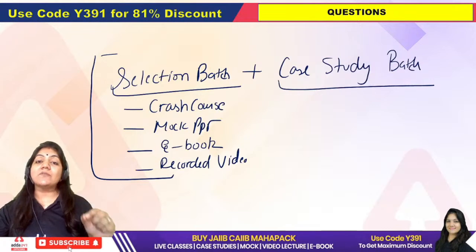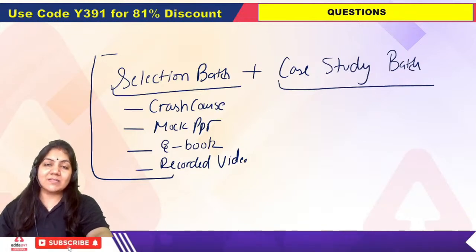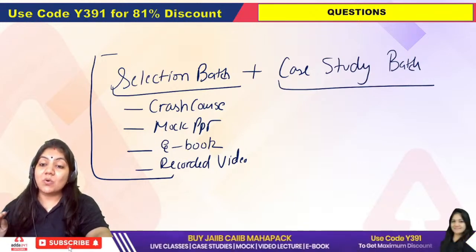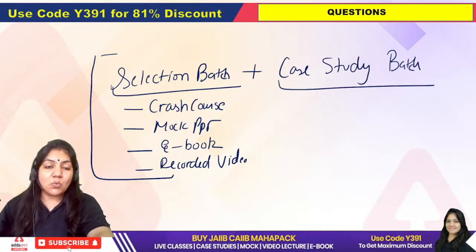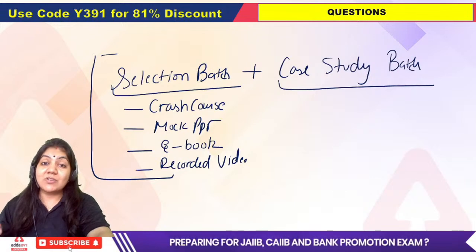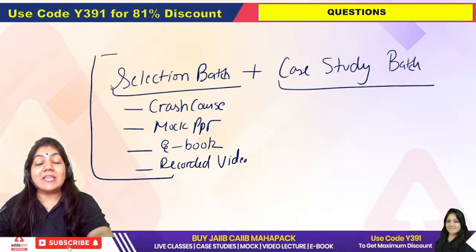If you really want to crack this exam, you know that the JAIIB exam is always held 2 times a year, but your syllabus is going to change from next year. So why are you thinking that you will give the exam next year? Because next year your syllabus will be increased. So this is the year in which you can easily crack your exam.